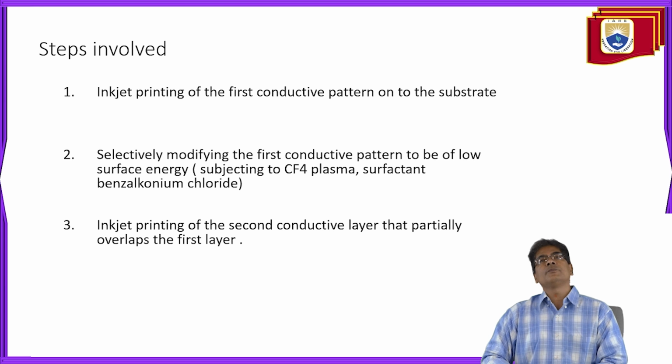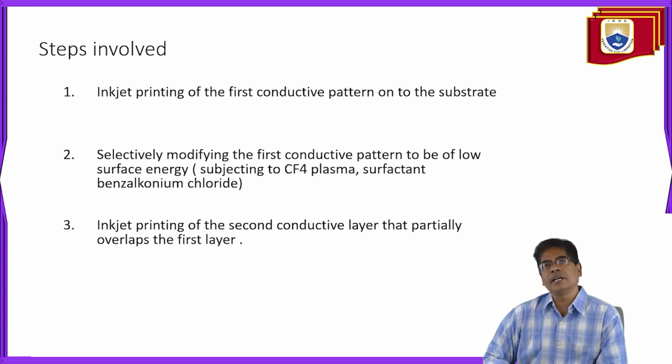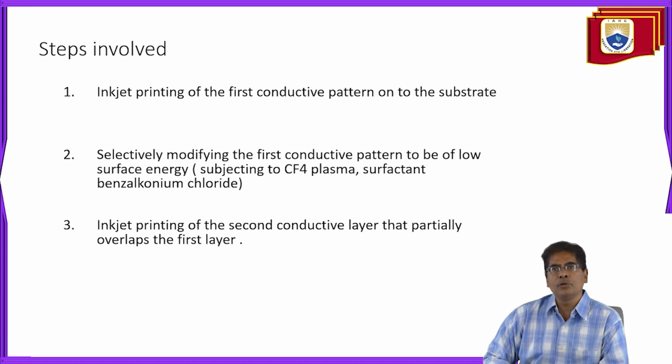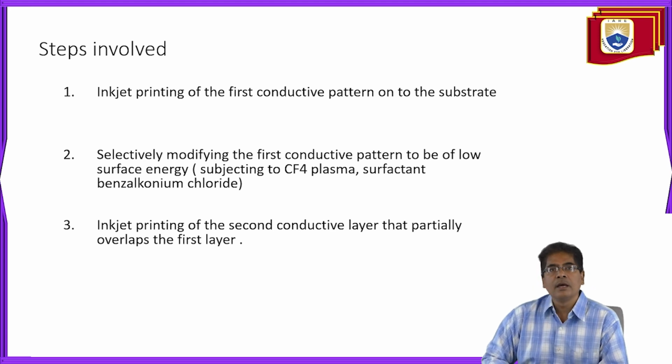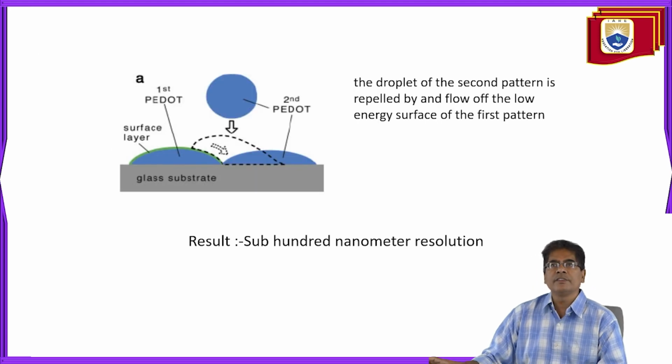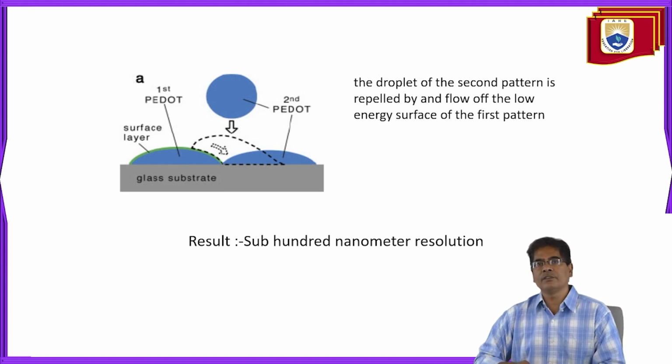The steps involved are inkjet printing of the first conductive pattern onto the substrate, selectively modifying the first conductive pattern to be of low surface energy, subjecting it to CF4 plasma, surfactant, and benzoyl chloride. Then inkjet printing of the second conductive layer that partially overlaps the first layer. The droplet of the second pattern is repelled by the low energy surface of the first pattern, and the result is that sub 100 nanometer resolution can be obtained.